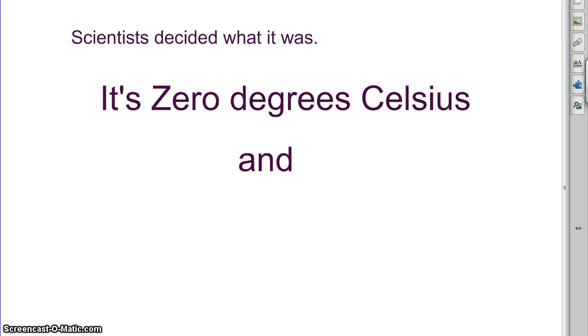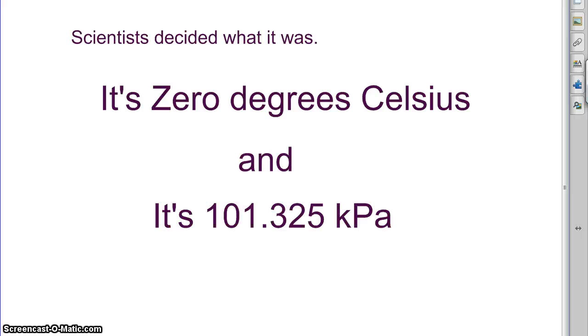The pressure unit that they chose was 101.325 kilopascals. You're very welcome. And yes, you will memorize that, and no, it won't be hard. You're going to do these conversion things enough that those will become very easy for you to remember. So in kilopascals, it's 101.325. In Celsius, standard temperature is 0 degrees, 273 for Kelvin.